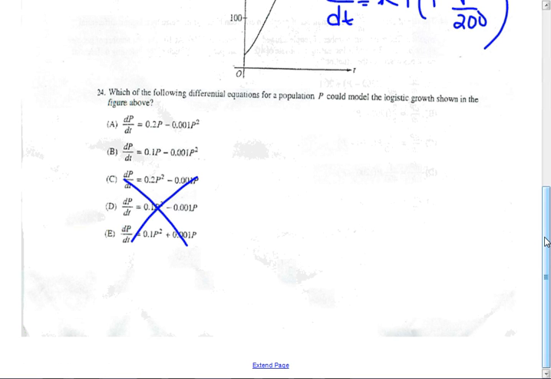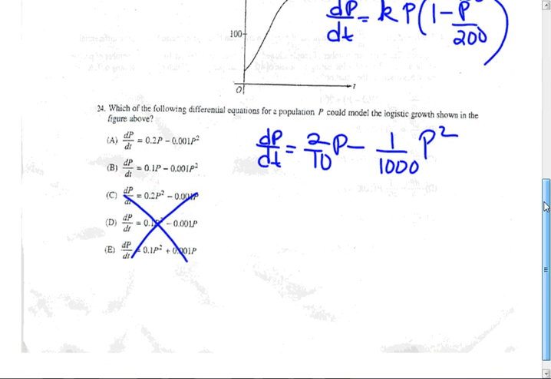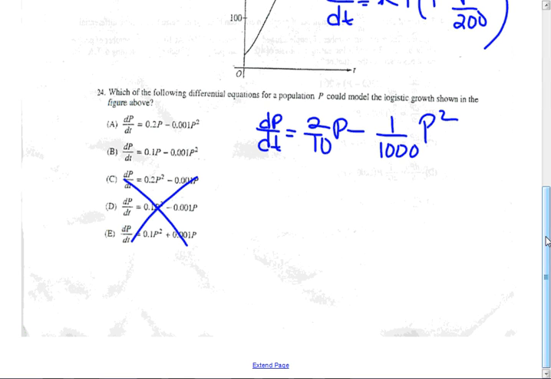Well, how about if we change these to fractions? This is 2/10. This is 1 over 1,000. Let's factor it, because I want to get a 200 here, right? So first off, let me at least do this.